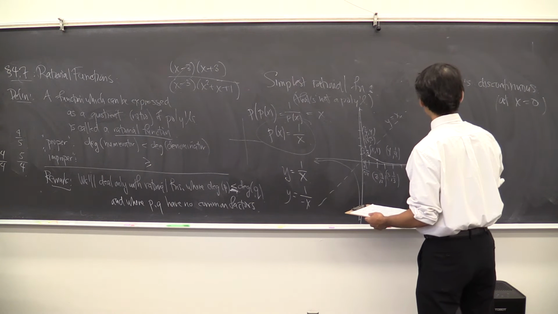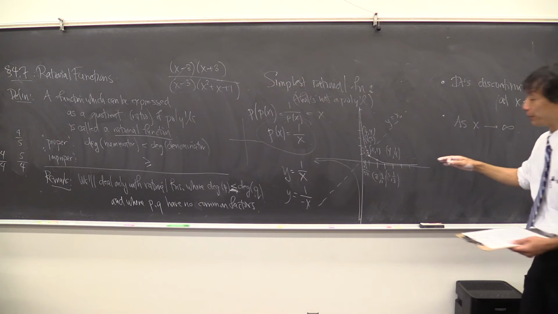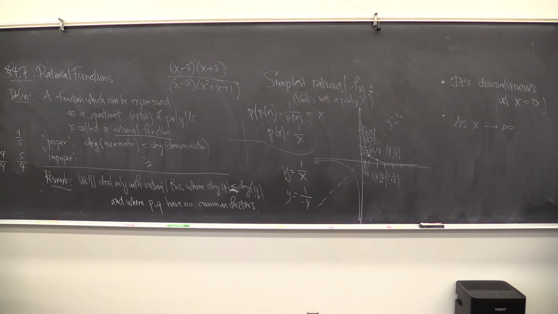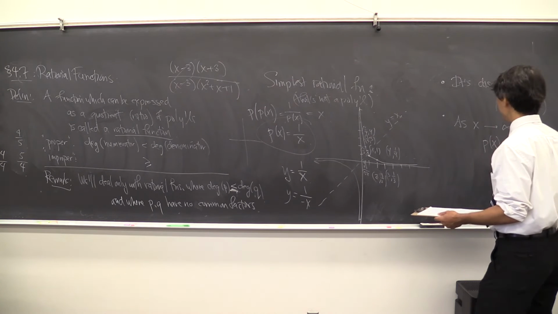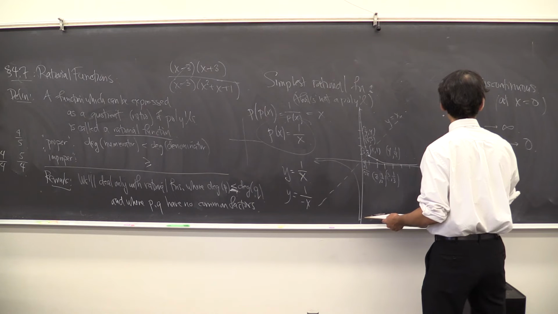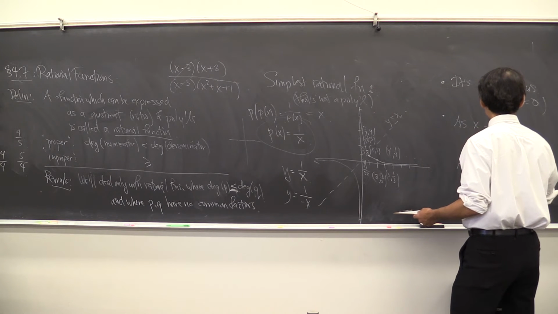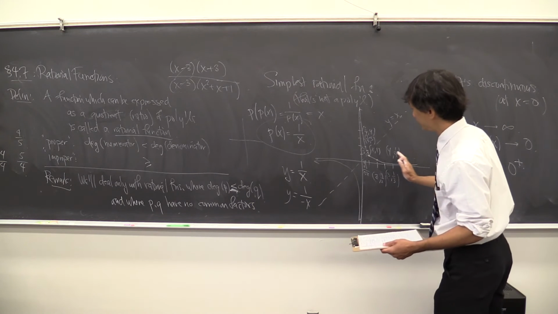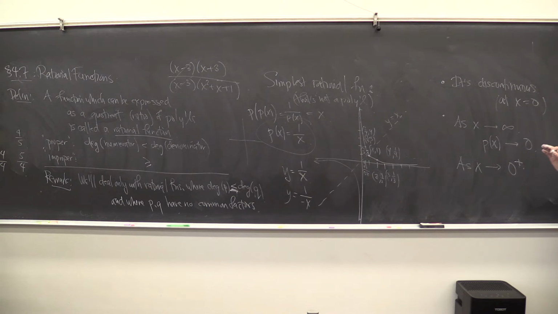Another thing you notice is that as x goes off towards infinity, what happens to the values? They get closer to 0. P of x tends towards 0, and as x tends towards 0 from the right-hand side, what happens? It trends towards infinity.